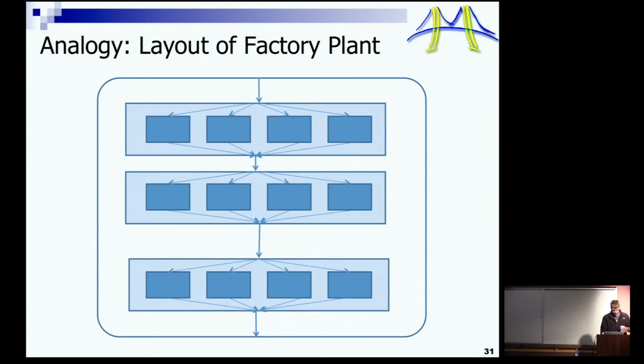Going back to the building and the factory analogy, this is like the layout of the factory. You want to design your computations so that data flows from one to another, identifying sequences of computations and also independent computations as well.